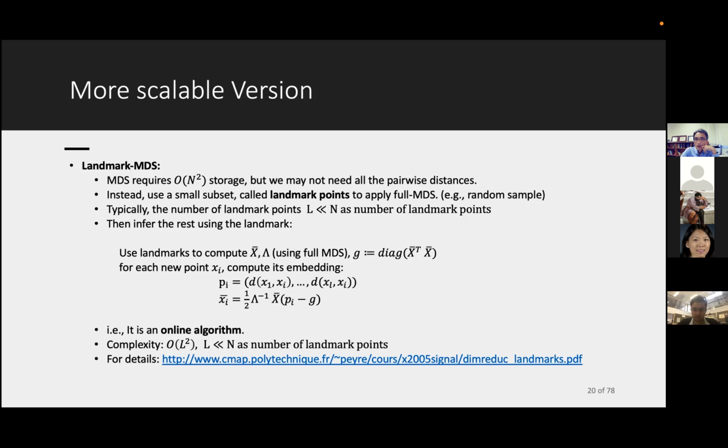Right. And then the claim here is that once you do that, and we compute the square distance to the landmarks for the new point that you want to embed, and take the difference between that PI and G, the square distances, and then pass it through X bar, and then through the inverse of the eigenvalue matrix, then this is a good embedding.